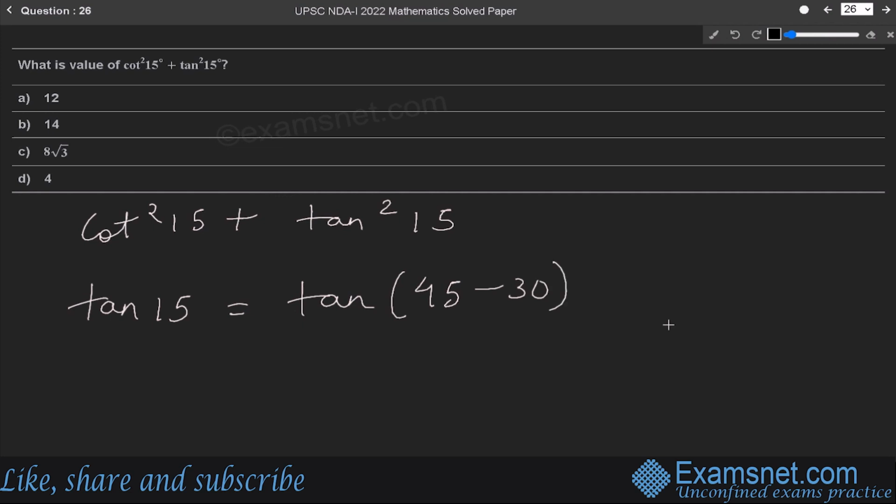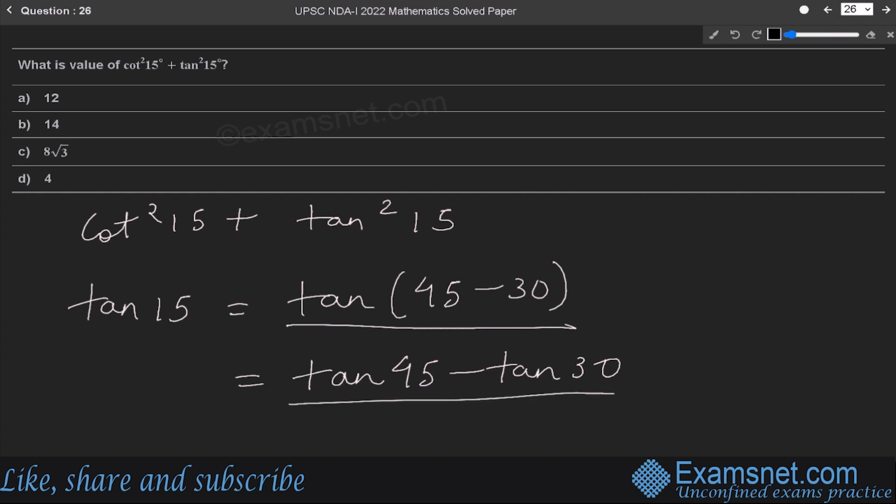We know the formula of tan A minus B, which is tan A minus tan B upon 1 plus tan A into tan B. So here I am applying the formula of tan A minus B.